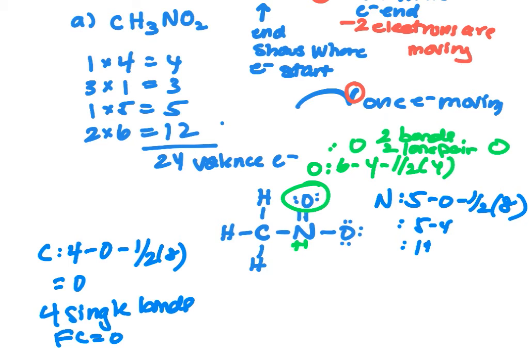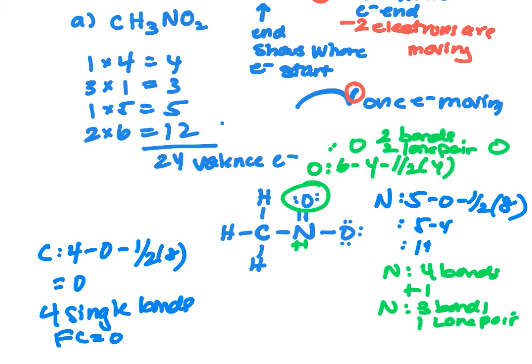Let me come back to this nitrogen. When you see nitrogen with 4 bonds, the formal charge is usually plus 1. If you were to see a nitrogen with 3 bonds and 1 lone pair, the formal charge on that nitrogen would be 0. Let's look at this oxygen out here.